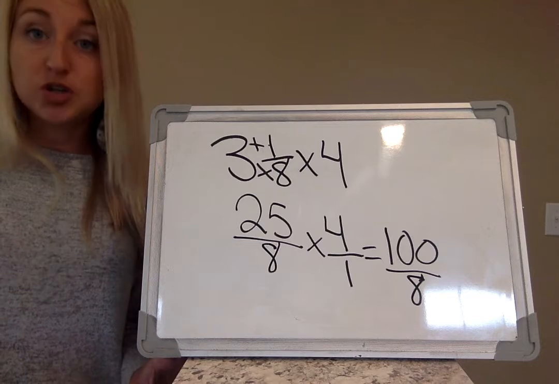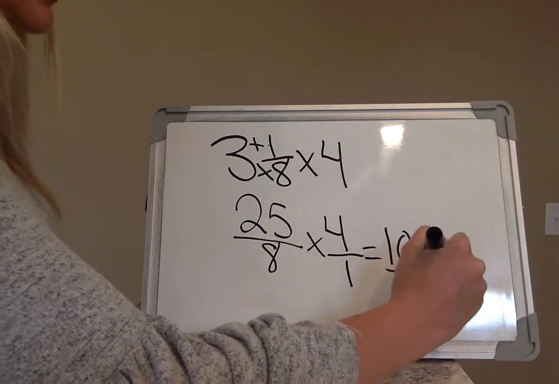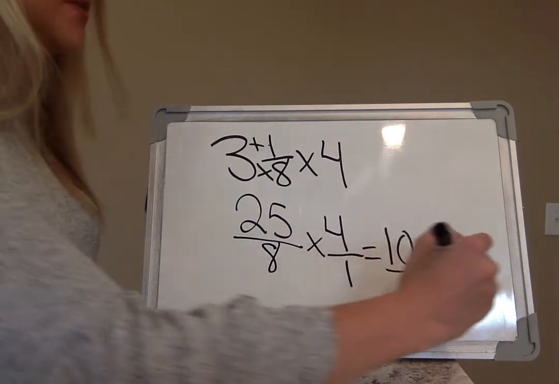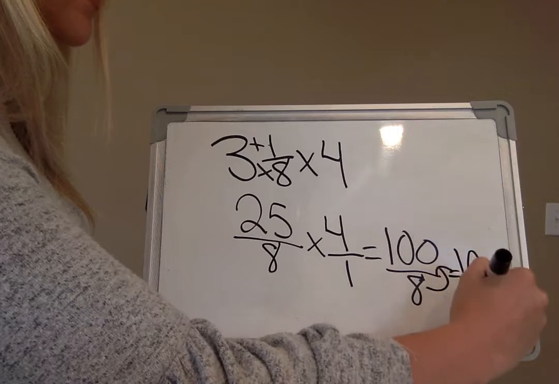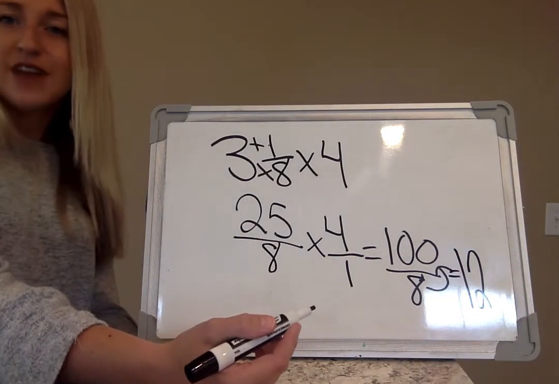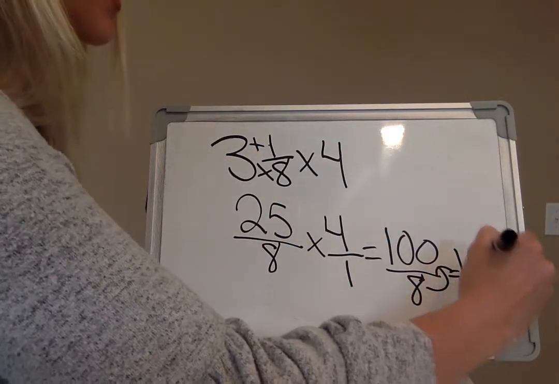To get it back into a mixed number, we do bottom into top. 8 goes into 100. How many whole times? 12. Because 8 times 12 is 96, we ask ourselves, how far is that from 100? 4, that's your top number.